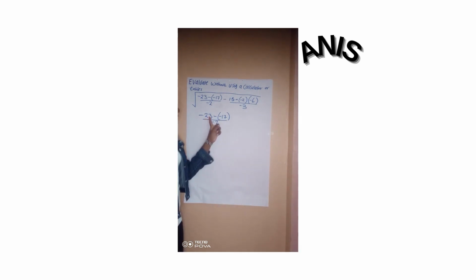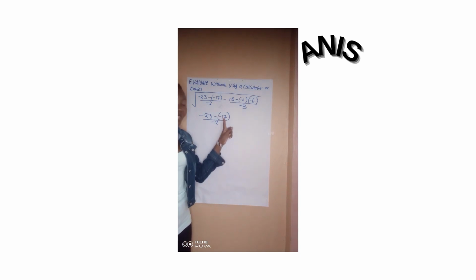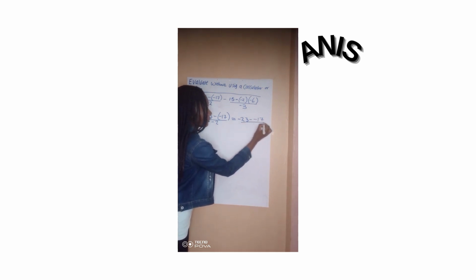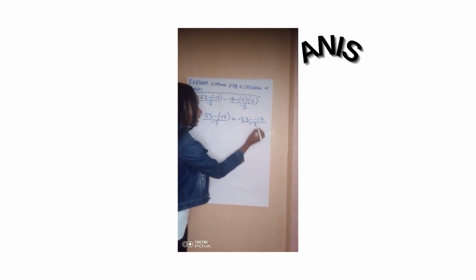Well, we have negative 23 minus into bracket negative 17. You realize that we don't have another number here, so this one is same as negative 23 minus negative 17. If we remove this bracket here, we are going to remain with negative 17, everything divided by negative 2.